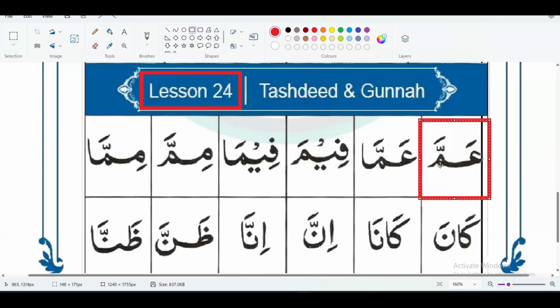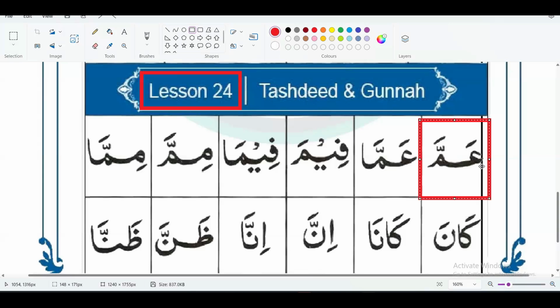In this word, we have meme with shad, right? So the meme we read two times. First of all, we read meme with sukun, and you know already that whenever any letter has sukun sign, we connect that letter with the previous letter. So we read ain with fatha, and then we connect it with the meme.